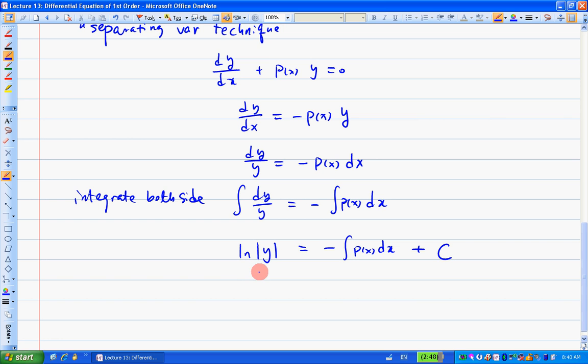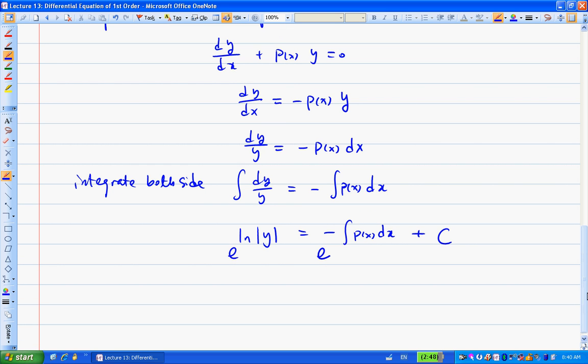Then, to simplify further, you take the exponential of both sides. So this side becomes absolute y, and the other side is e to the power of this thing. e to the power of a plus b equals e to the power of a times e to the power of b.